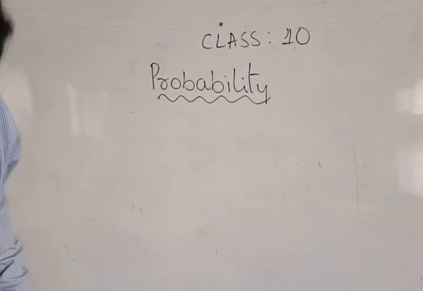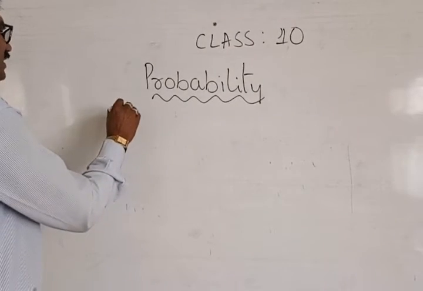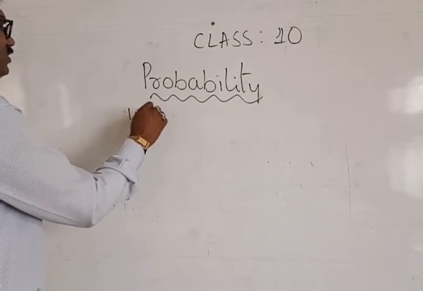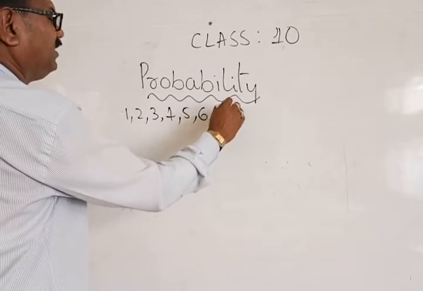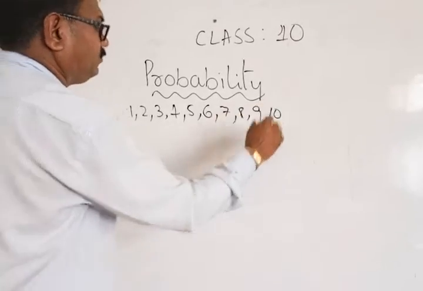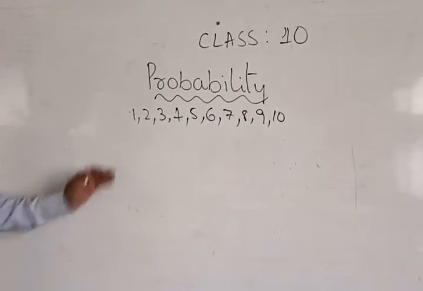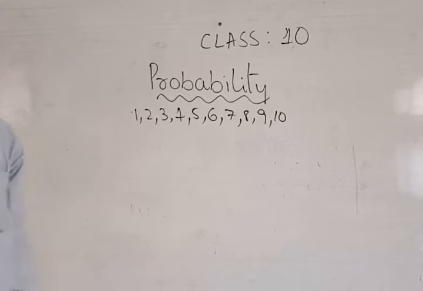Yes. There are numbers 1, 2, 3, 4, 5, 6, 7, 8, 9, 10. How many numbers are there? 10 numbers are there.